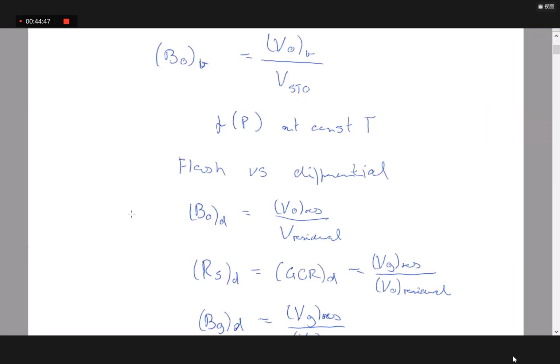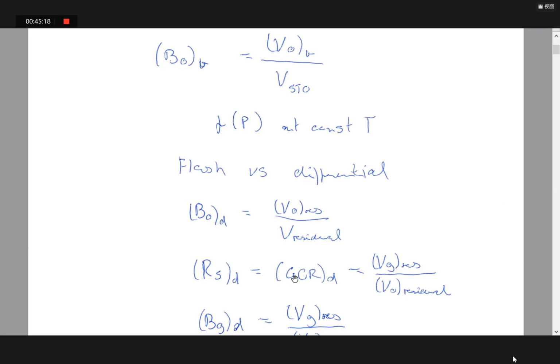A flash process is that we take the one-phase reservoir fluid and flash it down to standard conditions. And then the DL is a differential process, and then typically we are using the residual oil as the volume, not the volume of stock tank oil, but the residual oil that is going stepwise at standard conditions.